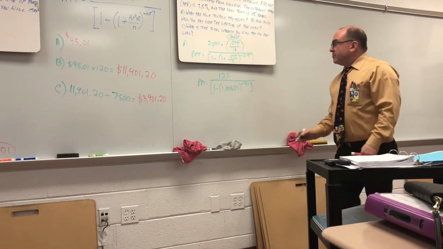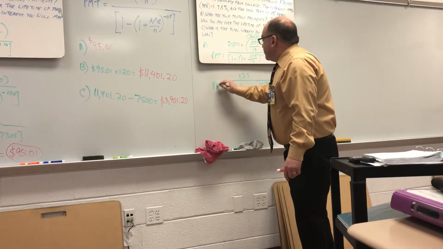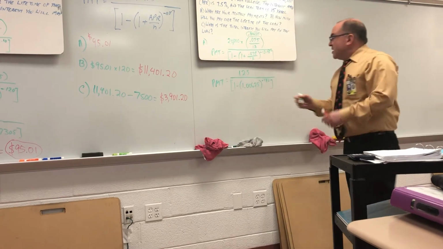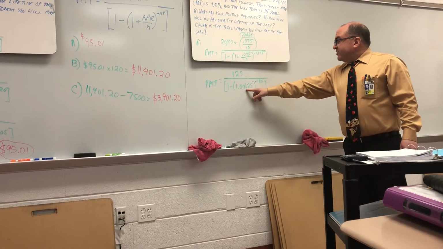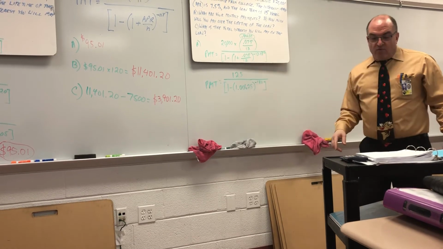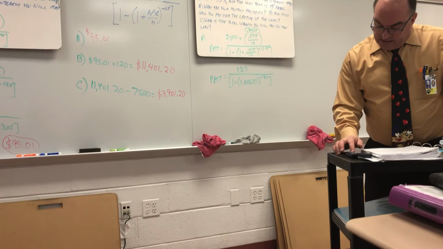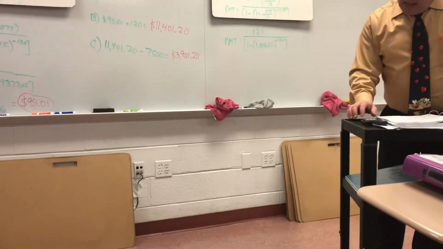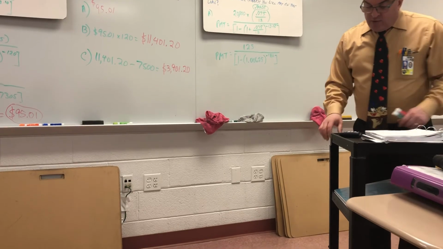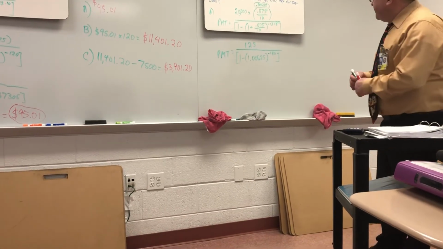Okay? Now, I'm going to do 1.00625 to the negative 180. 1.00625 to the negative 180 gives me 0.32579.